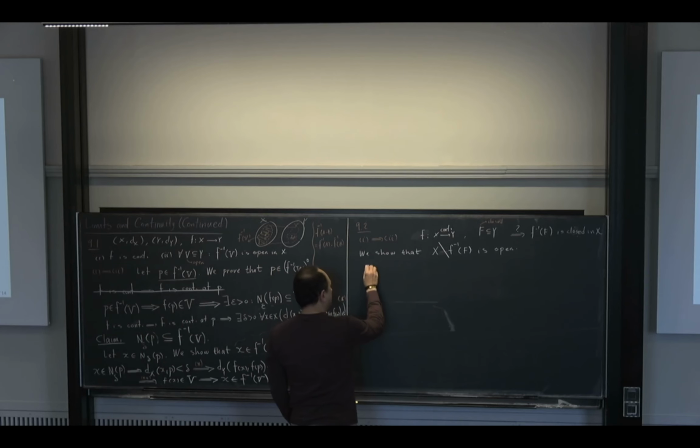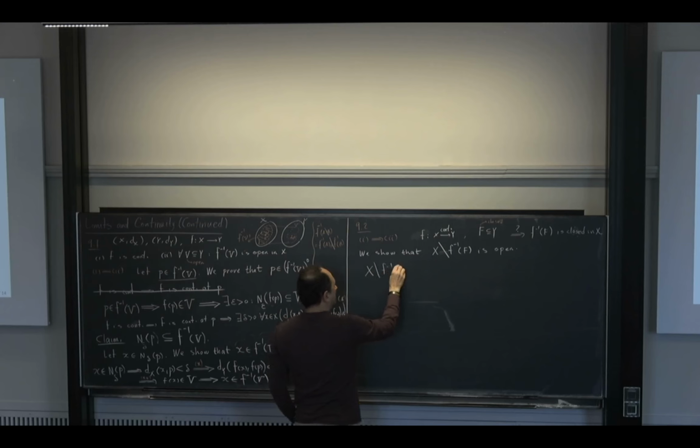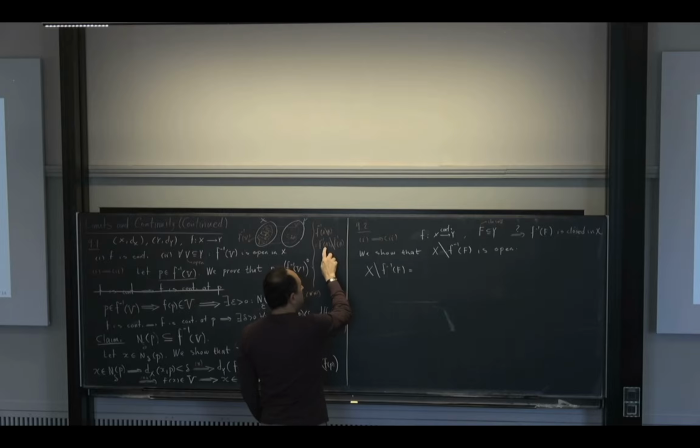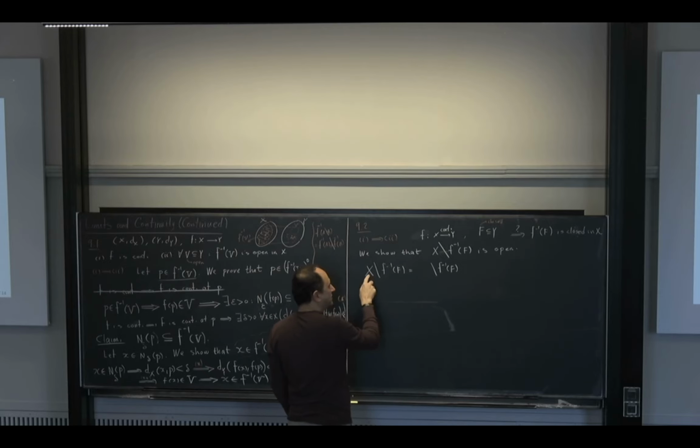So X minus f inverse of F. In order to use this theorem, I want to write X as an f inverse. Can you help me? So I copy and paste this one, and I ask you, how can I write X in a form where f inverse is involved?